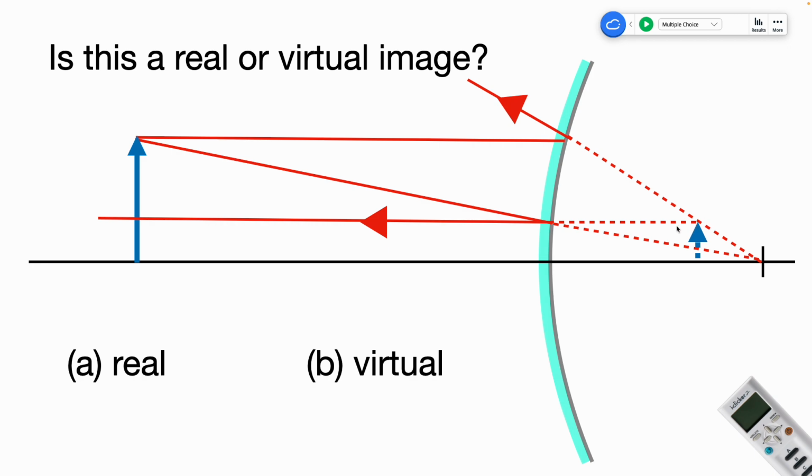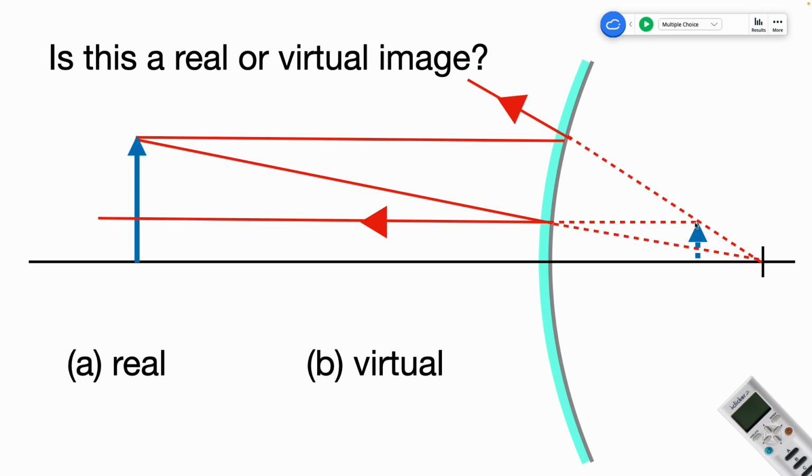This dotted line is the extension along the direction that the light comes from. There's no light that actually goes behind the mirror. The mirror reflects the light. There's nothing here. If I put a screen behind the mirror, I will not see any image. That's why we call it a virtual image. Okay? Any question about real and virtual image, the definition?